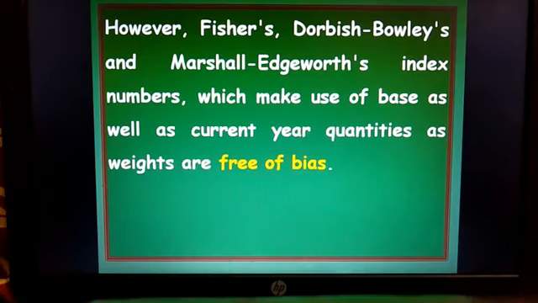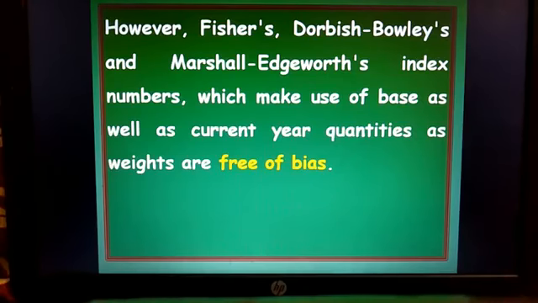Here in this slide we shall observe some of the index numbers which will be using both base year and current year aspects as their weights. So no matter of bias will be coming. The question of bias will not appear once both base year as well as current year aspects are being considered as the weights.